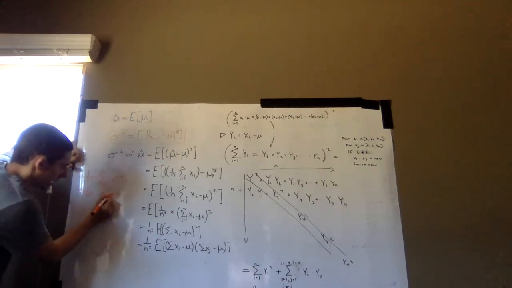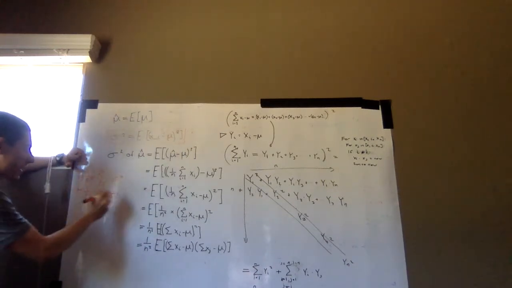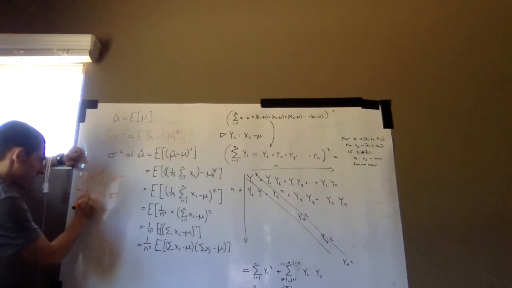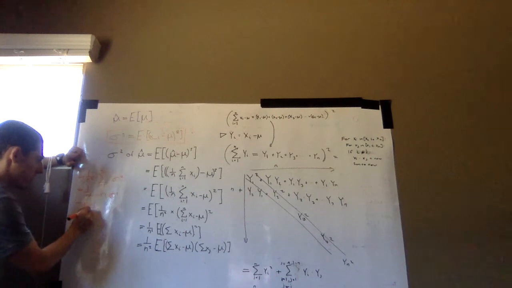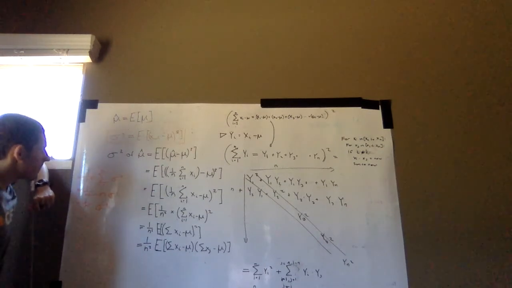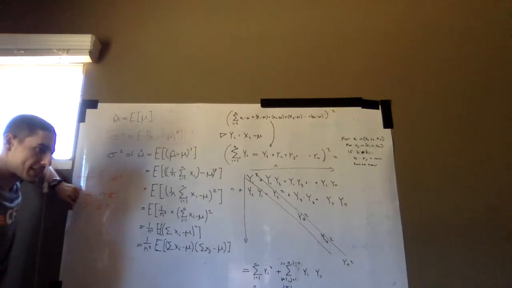So we have n sigma squared, which means that we can cancel out this squared, and we have 1 over n sigma squared, and that is the variance of mu hat, the sample mean.